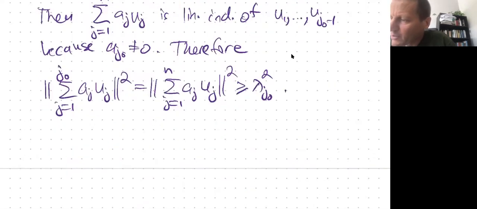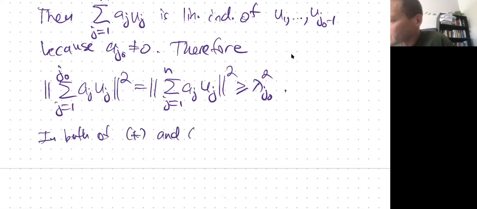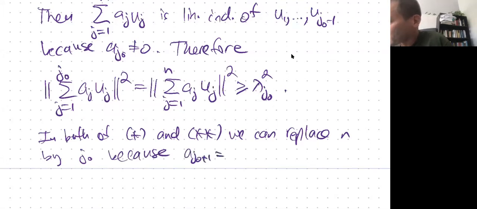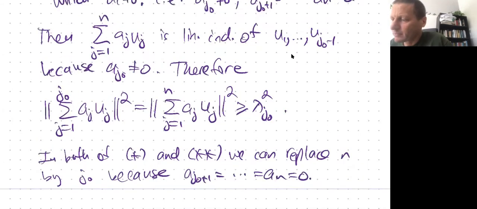Now, in both of the formulas that we had before, star and double star, we can replace n by j0 because of the fact that all these coefficients vanish. Let me show you that again.